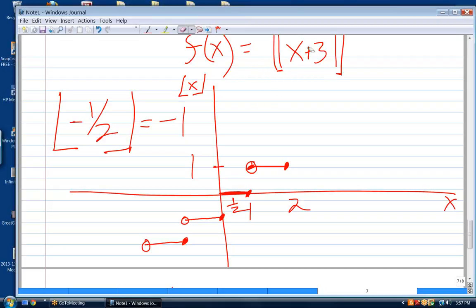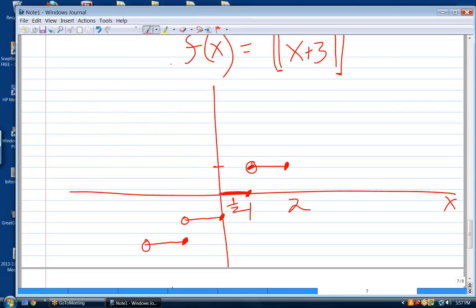So what did they want to know about this? If f of x is equal to the greatest integer function of x plus 3. They just gave me a bunch of values, like a, b, c, and d. A was -2. B was 1/2. So they want to do f of -2.